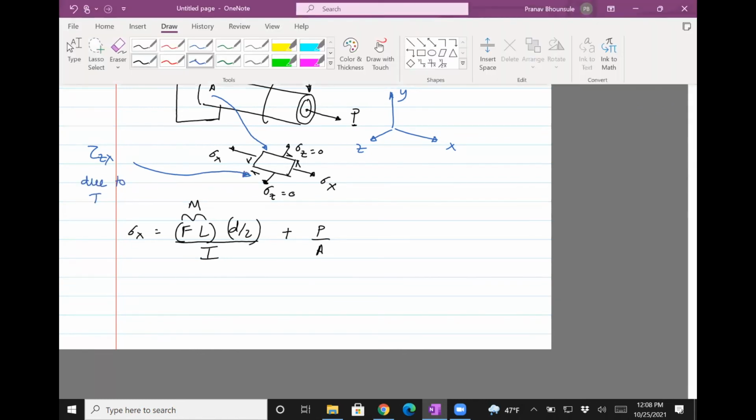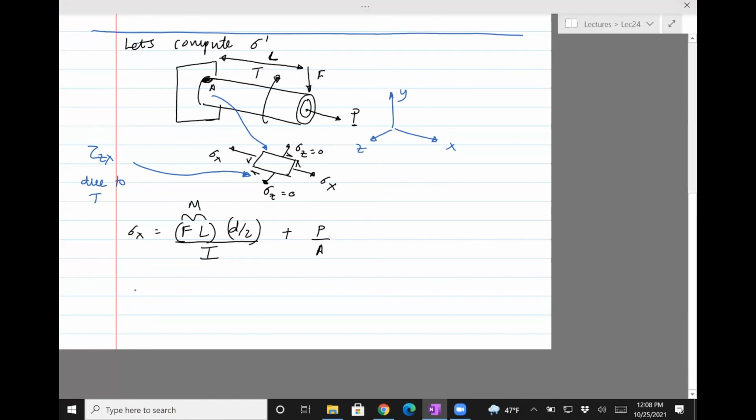So we can write that formula based on our equations for torque. The equation is the torque times the radius, T times R, and R I wrote down as half of the diameter, and then divided by J. Okay, so let's sub in the values.